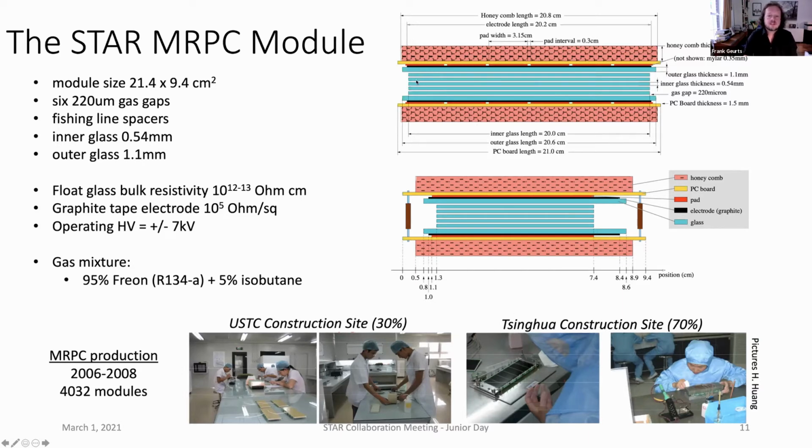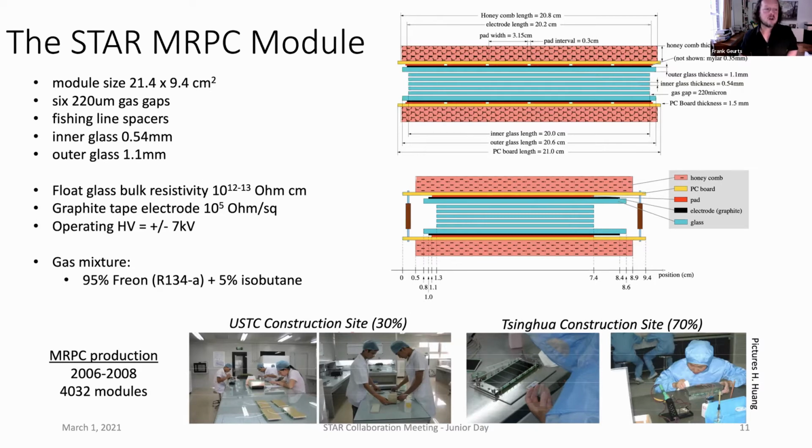Since the spacing is important, we saw that using fishing line was the best approach to guarantee a standard thickness of the gas layer, because the production process of fishing lines turns out to be very well controlled, much better than any other spacers that were considered. So a lot of fishing line went into the time of flight detector.